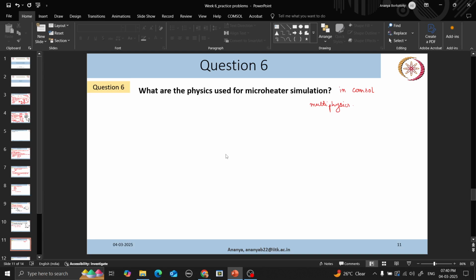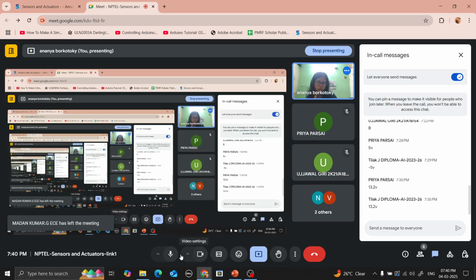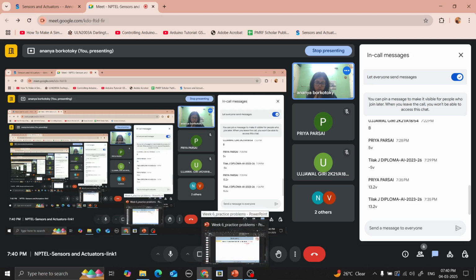So what are the physics used for micro heater simulation in COMSOL, if you remember? No? Okay, if you don't remember what physics were used in micro heater simulation, you can just tell me the different physics that are available in COMSOL.